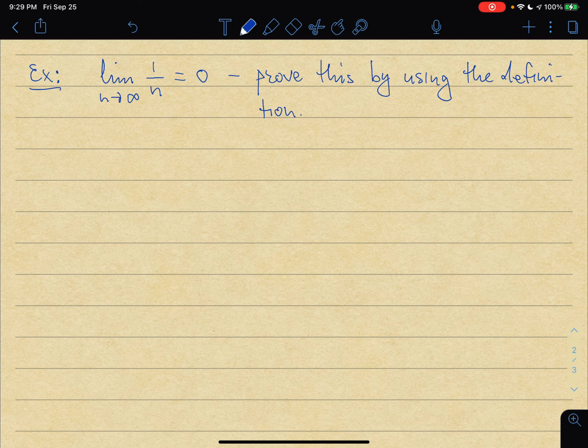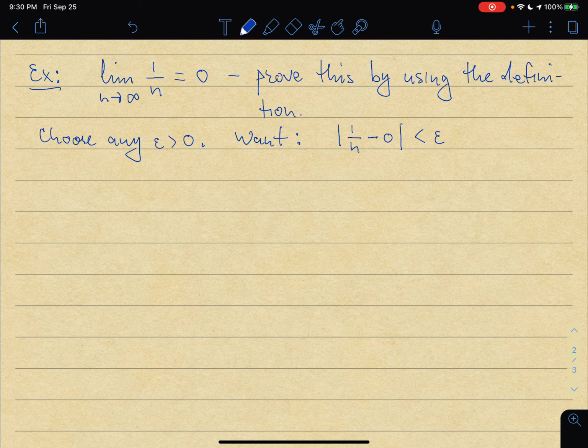All right, so choose any epsilon greater than 0. And what I want is the absolute value of 1 over n minus 0 to be less than epsilon. Now, for which values of n would this be true?